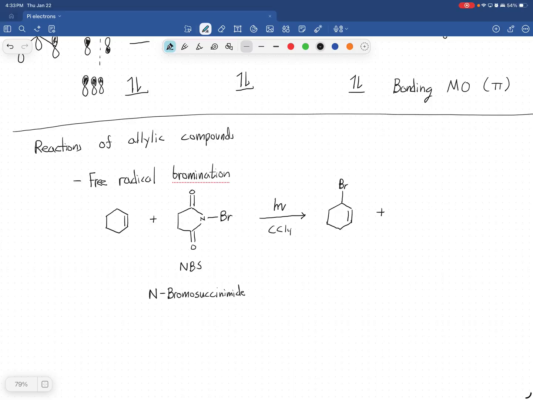Plus, the byproduct is the ring structure we just drew, but where the bromide was it now has H. It's just succinimide.